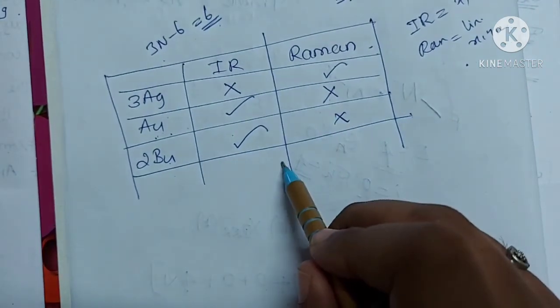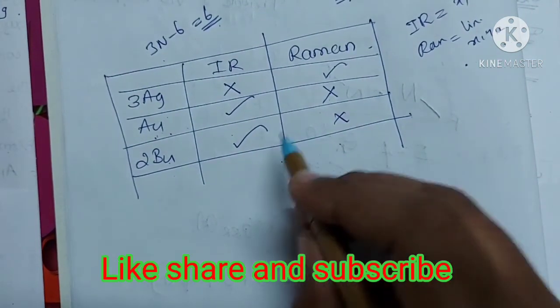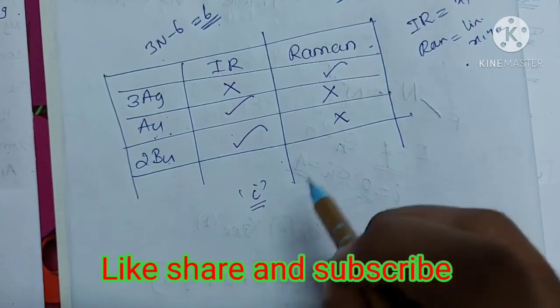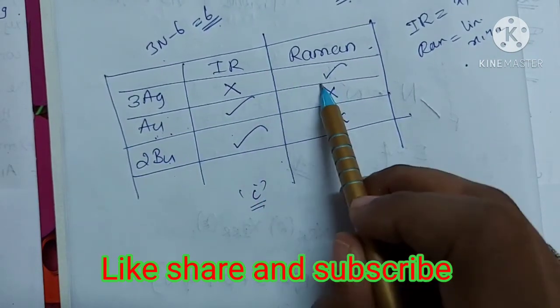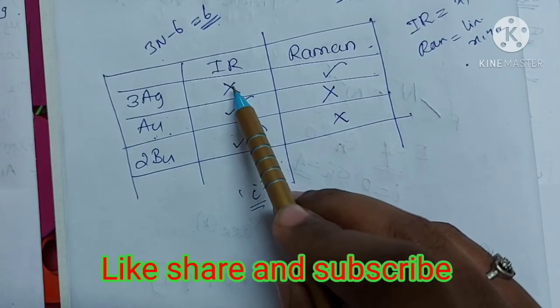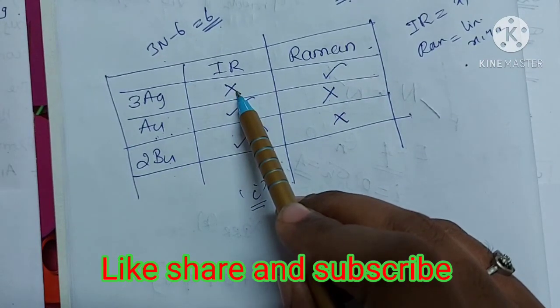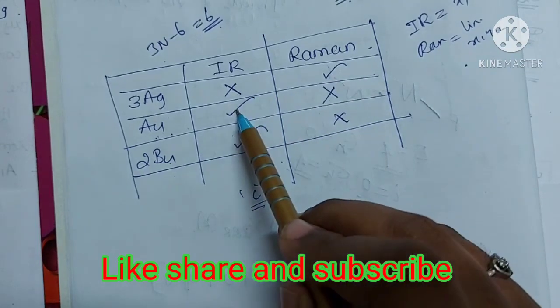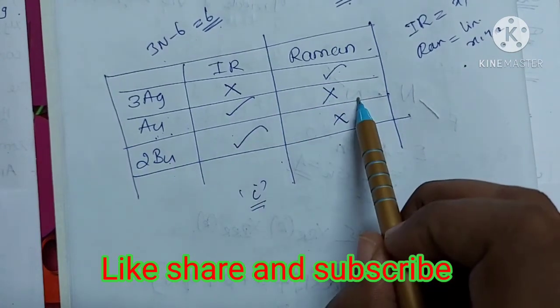There is a shortcut: if inversion is present in a particular character table, then it will be a mutually exclusive case. That is, if a particular mode of vibration is IR inactive, it will be Raman active, and if it is IR active, it will be Raman inactive.